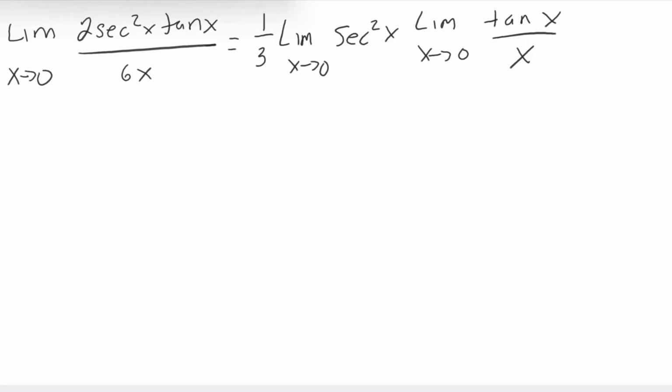Remember, since it's multiplied on top and divided, I can put that x at the bottom anywhere I want. So I pull out the secant squared x, because I can find the limit of that. That limit is just 1 by plugging in, so that's going to be very nice. And really all I'm left with is that little limit right there, the tangent of x over x, which still is 0 over 0.